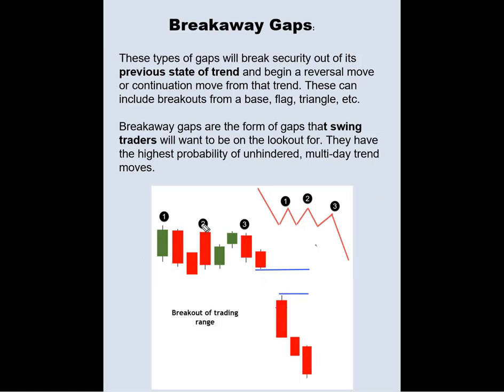If in the previous state of trend there is a flat move, a sideways range, we can find 3 distinct lows or highs. Here you can see 1 high, then over here 2 highs, and then 3 highs.